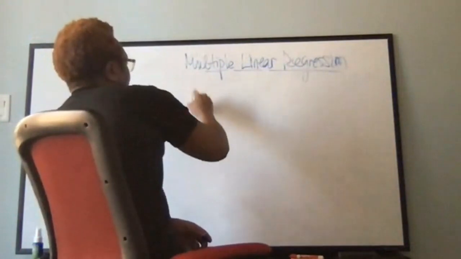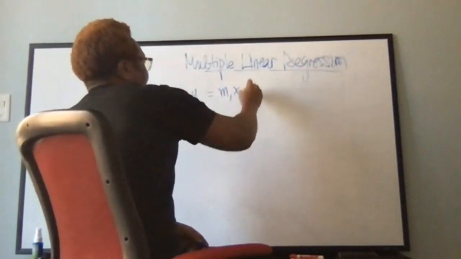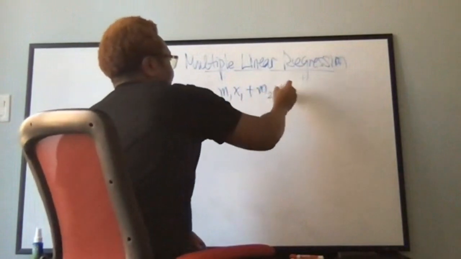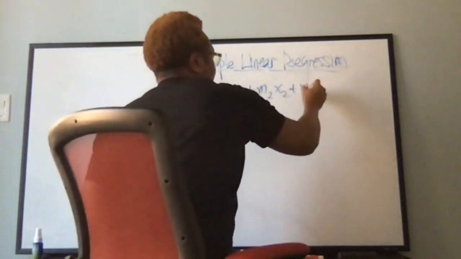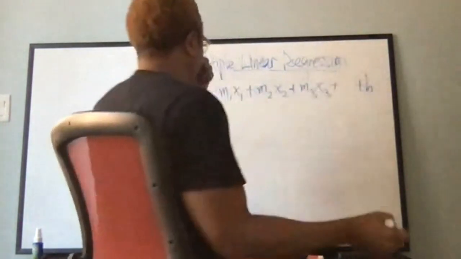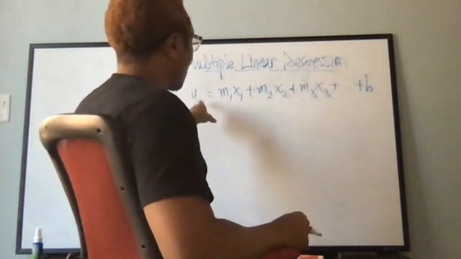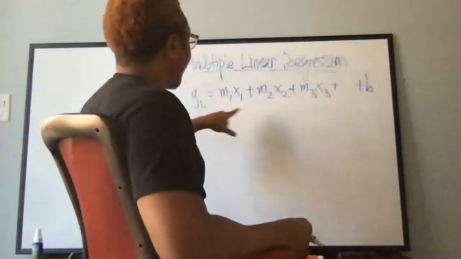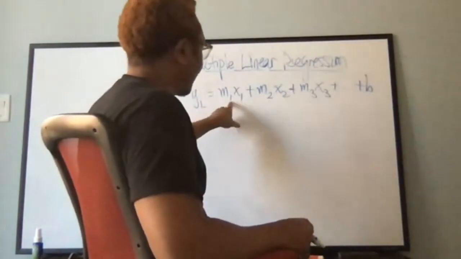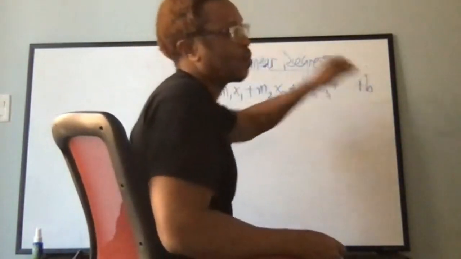This is when we start saying there may be more than one X variable that we're using to predict our Y. So as opposed to Y equals mx plus b, now we say here's the first X, here's the second X, here's the third X, and then the Y-intercept.